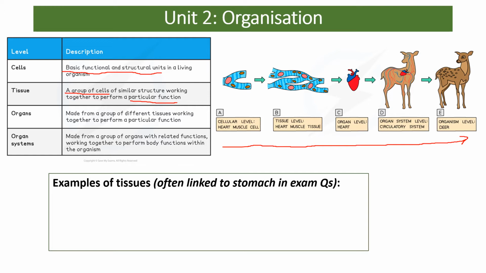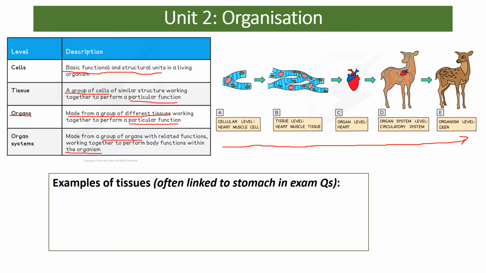So for example, a muscle tissue is a load of muscle cells working together for a particular function. An organ is made up of a group of tissues working together for a particular function, and an organ system is made up of a group of organs working together for a particular function in the organism.